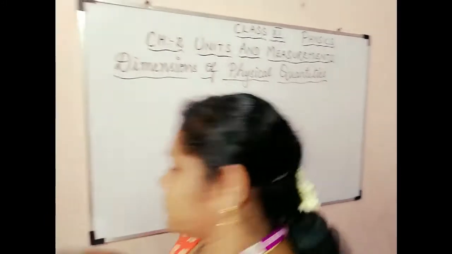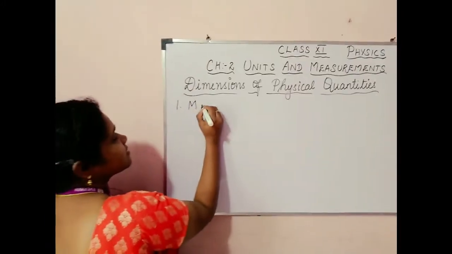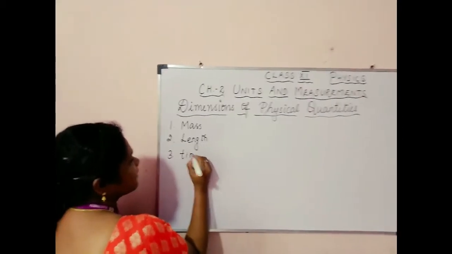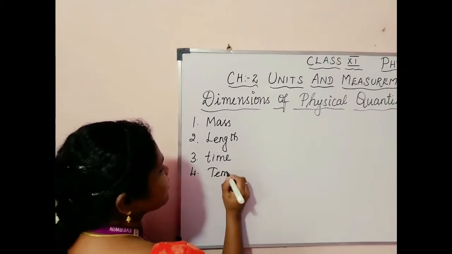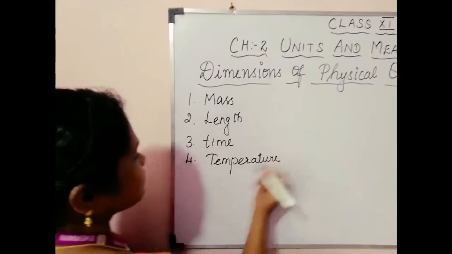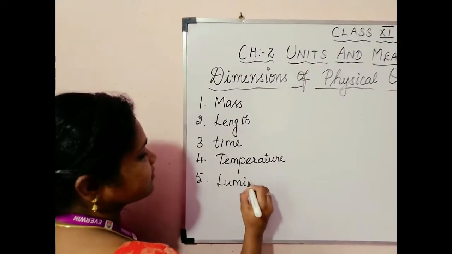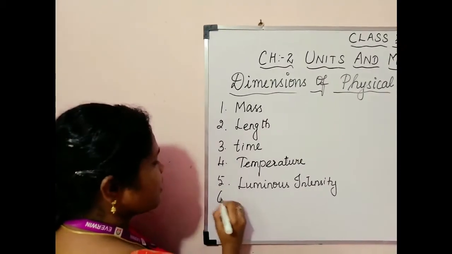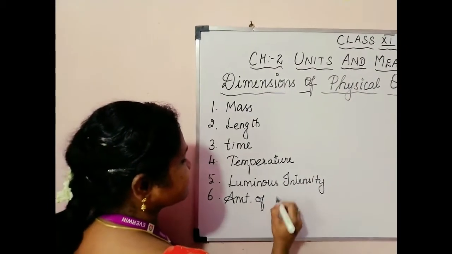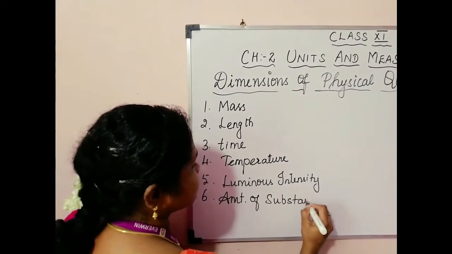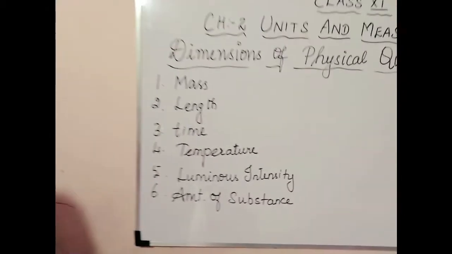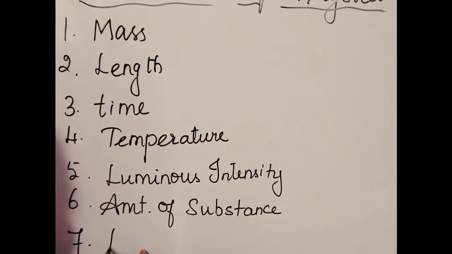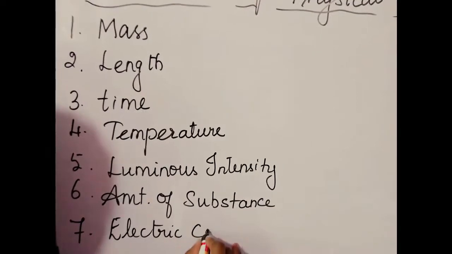We know they are mass, length, time, temperature, luminous intensity, amount of substance, and electric current.